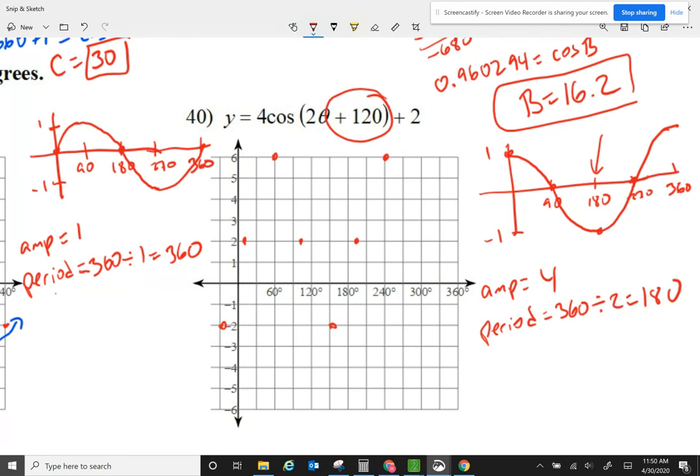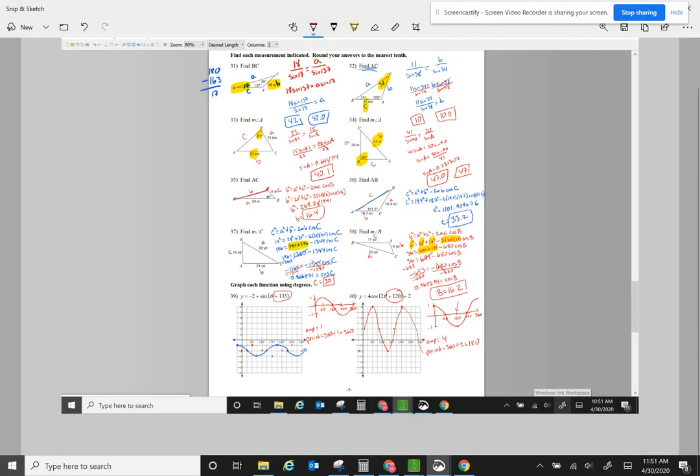So, okay, now I have a good idea how the graph looks like. And there you go.